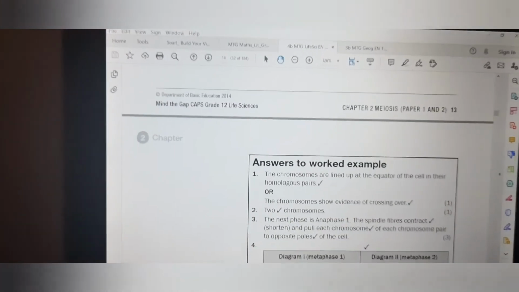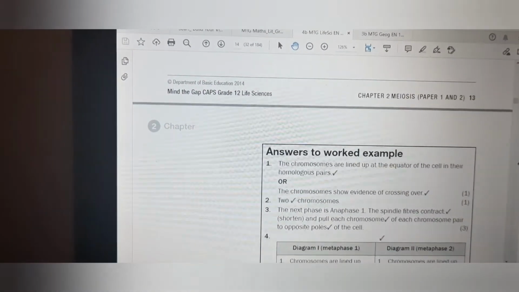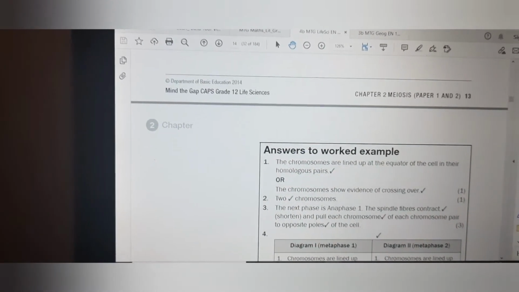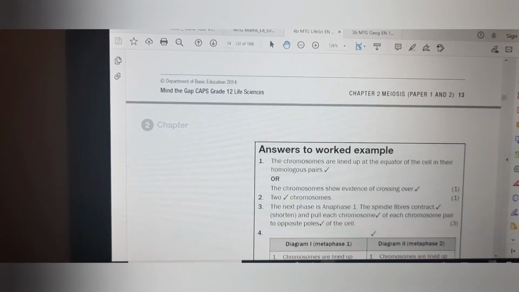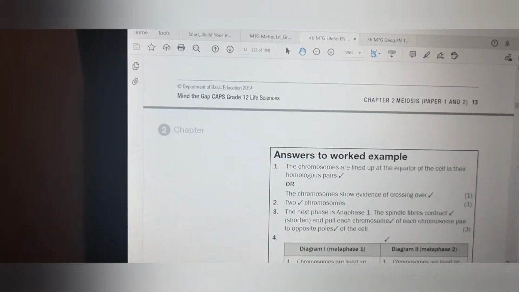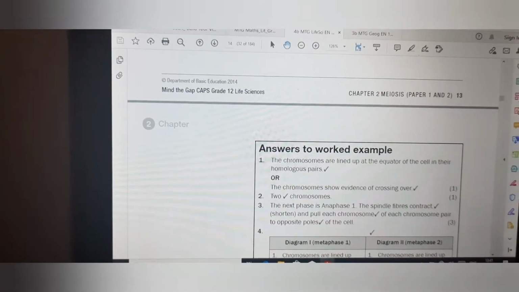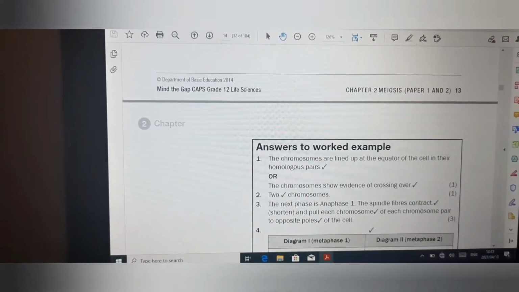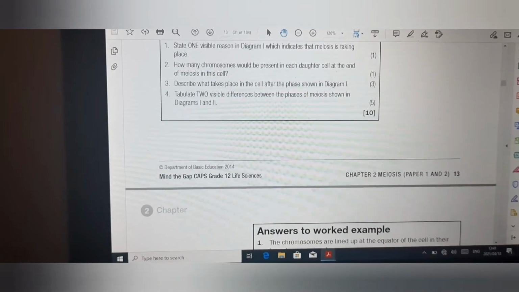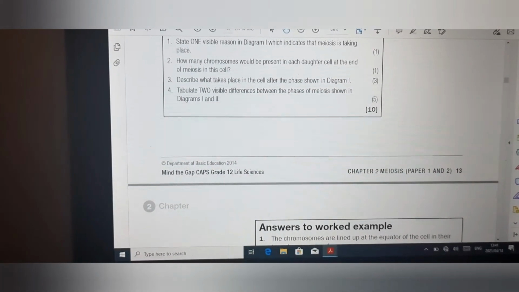So these are the definitions that I was showing you in the first video where we were doing meiosis. So for all those descriptions of the diagrams of meiosis 1 and 2, when they say explain or describe what takes place, you need to write all those points that were there to get your full marks.